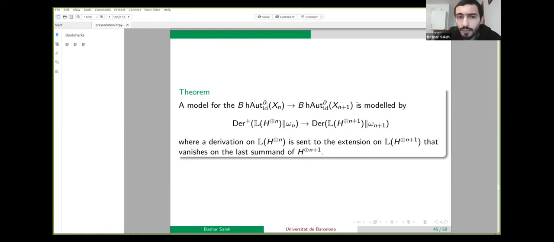A model for this thing is given by a map from the derivations on L H^n vanishing on omega_n to the derivations on L H^{n+1} vanishing on omega_{n+1}, where a derivation on this Lie algebra is sent to the extension on this Lie algebra that vanishes on the last summand. So you take a derivation, you just let it vanish on the last summand, and it acts as before on the first n summands.